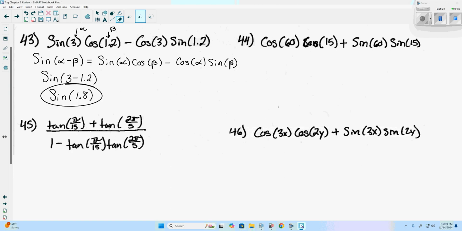Questions on 43? Because 44, this here is cosine, really we have alpha minus beta, because cosine of alpha minus beta is cosine alpha cosine beta plus sine alpha sine beta, which is really telling us that this is our cosine of 60 minus 15.